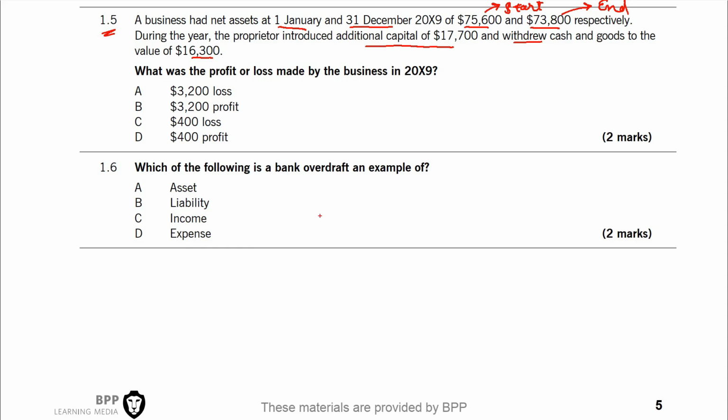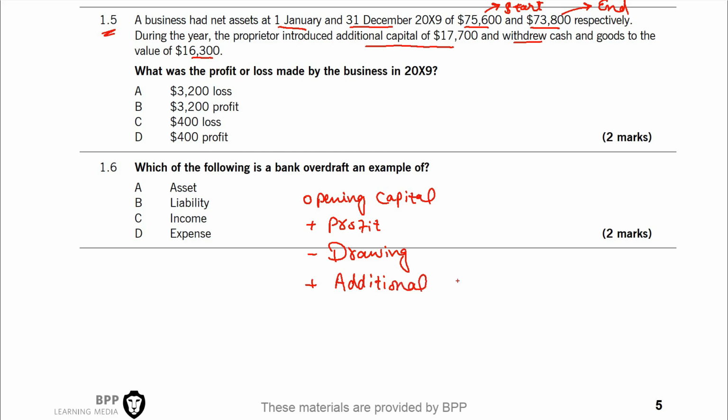So again we have to write down the same pro forma, and we know that we write opening capital first, then we have profit or loss for the year, then we deduct drawings, and in case there is any additional capital, then we add it, and finally we will get closing capital as a result.